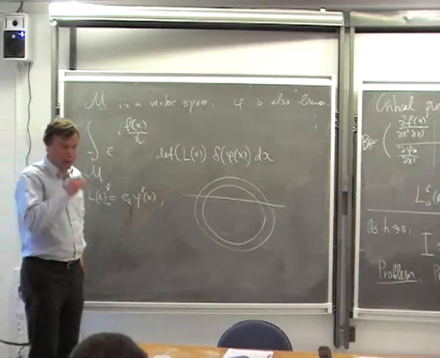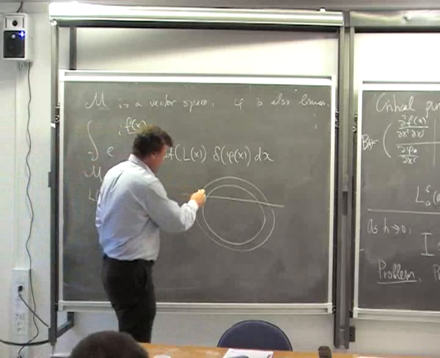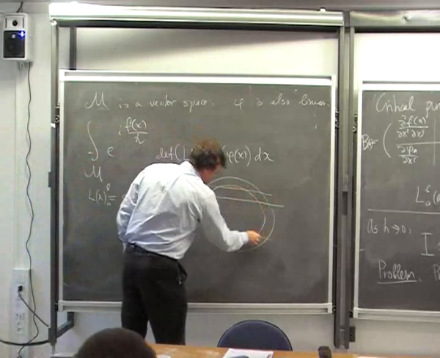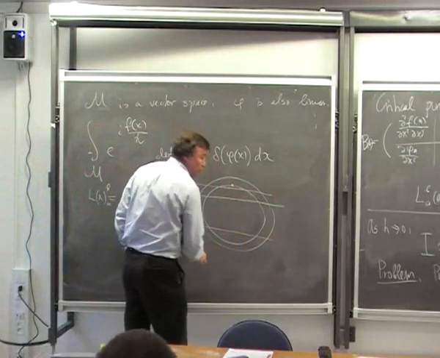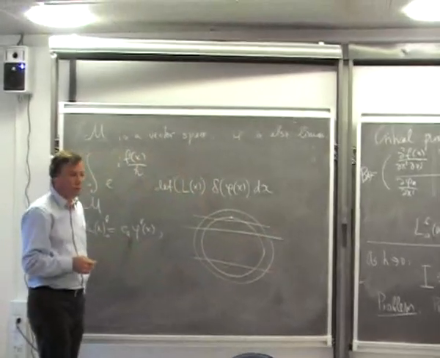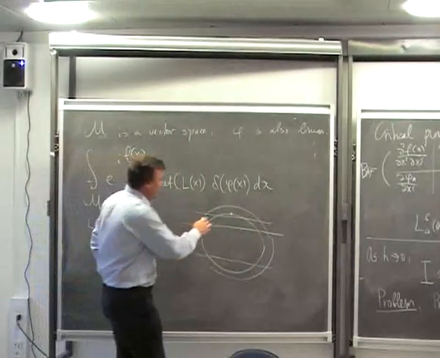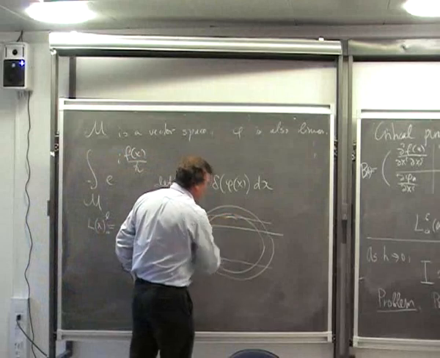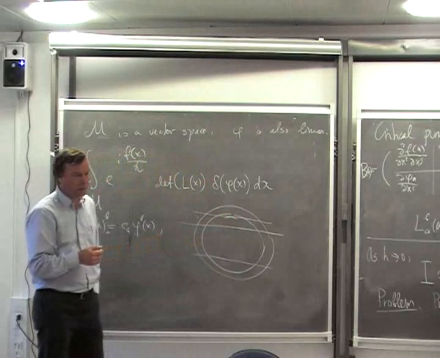Well, it's clear that there will be some orbits which will fail to be transversal.